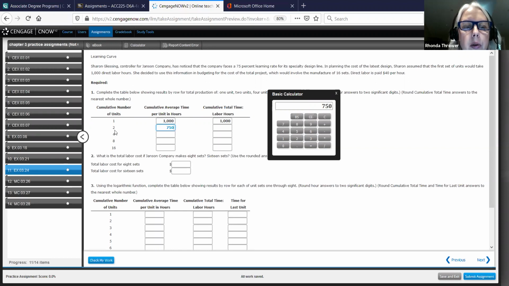We are manufacturing 2 units. So if we take 2 units and we multiply it by 750 hours, the cumulative total time then would be 750 times 2, which is 1,500 hours.